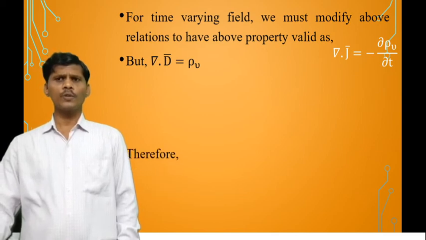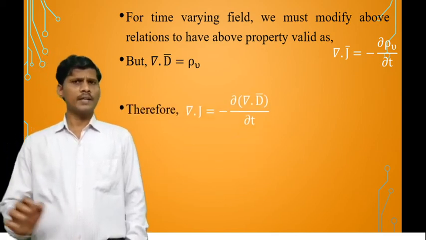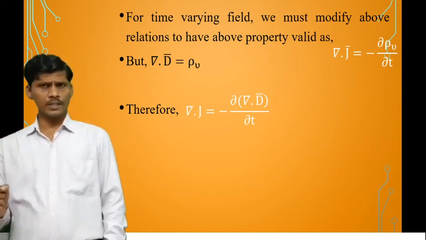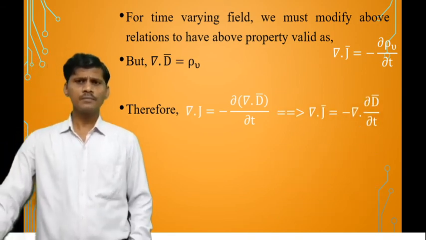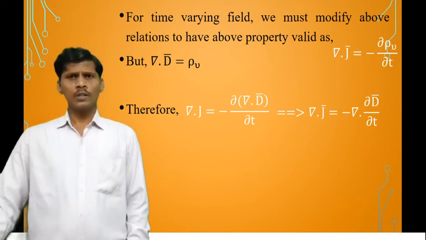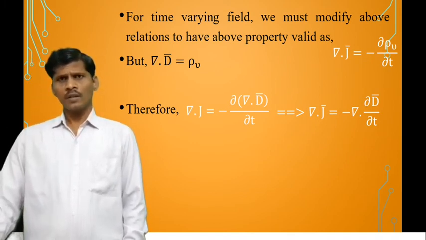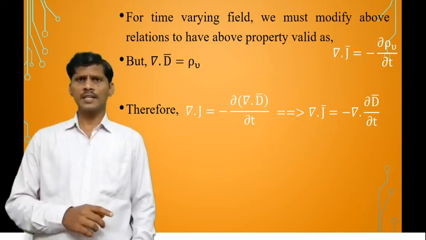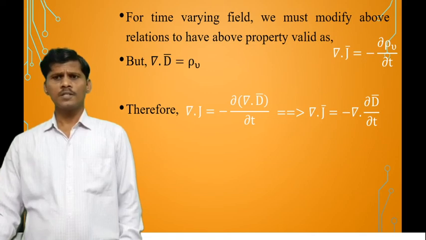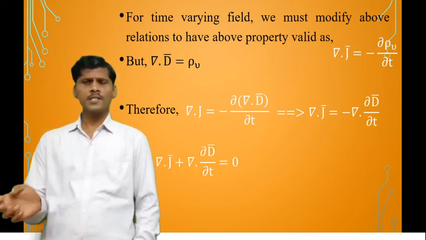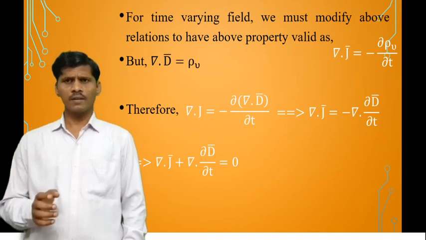Substituting the rho v value into the above equation, del dot j bar is equal to minus dou by dou t into del dot d bar, that is, del dot j bar is equal to minus del dot dou d bar by dou t. On both sides, the divergence is cancelled. We get j bar is equal to minus dou d bar by dou t.